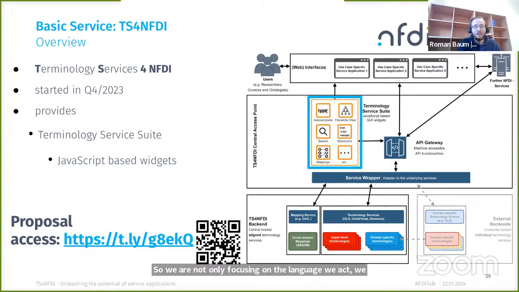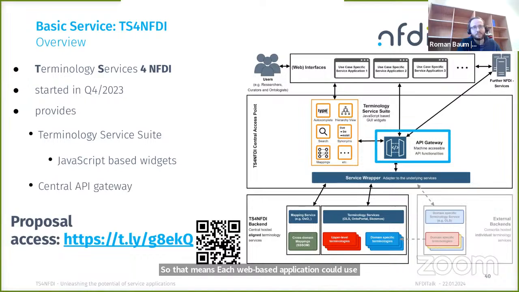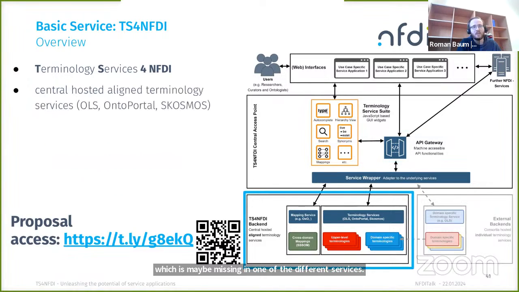That means each web-based application could use these widgets afterwards. What we also have is a central API gateway where we could add some additional information, which is maybe missing in one of the different services provided by OLS, Ontoportal, or Cosmos, which are also centrally hosted and aligned from our side in the backend of TS4NFDI.